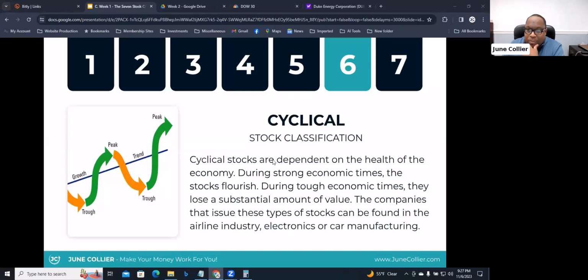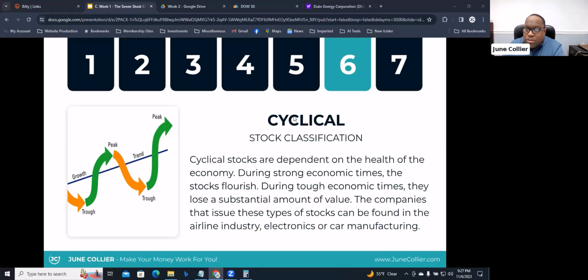So travel. Someone said gas, but gas is not, look, you're going to use gas regardless. How are you going to get to work? How are you going to heat your home? What we're talking about is when the economy is doing extremely well. Hotel industry, thank you. Yes.